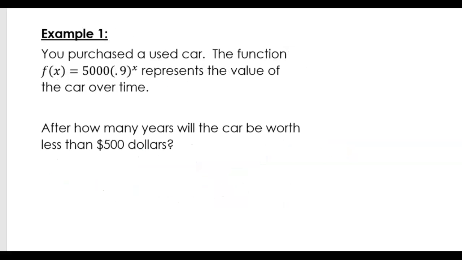Okay. So how many years will it take the car to be worth less than $500? To figure that out, the best way is to use Desmos and to use a table.